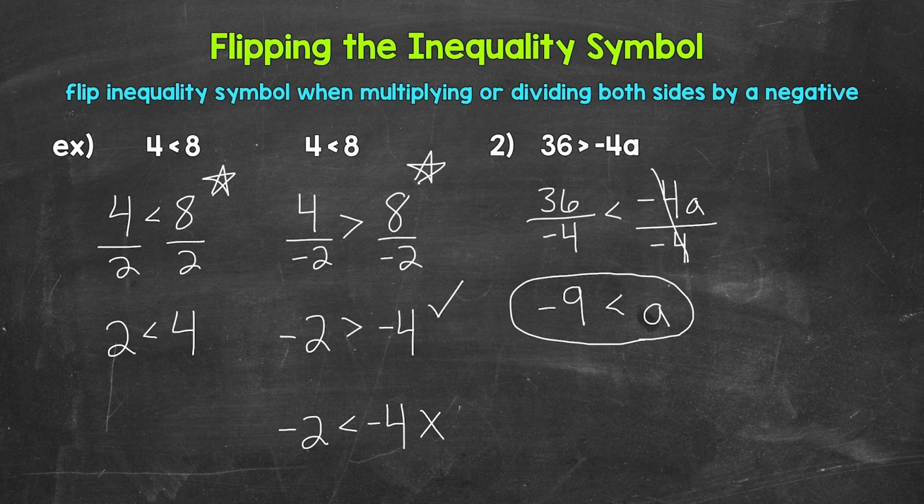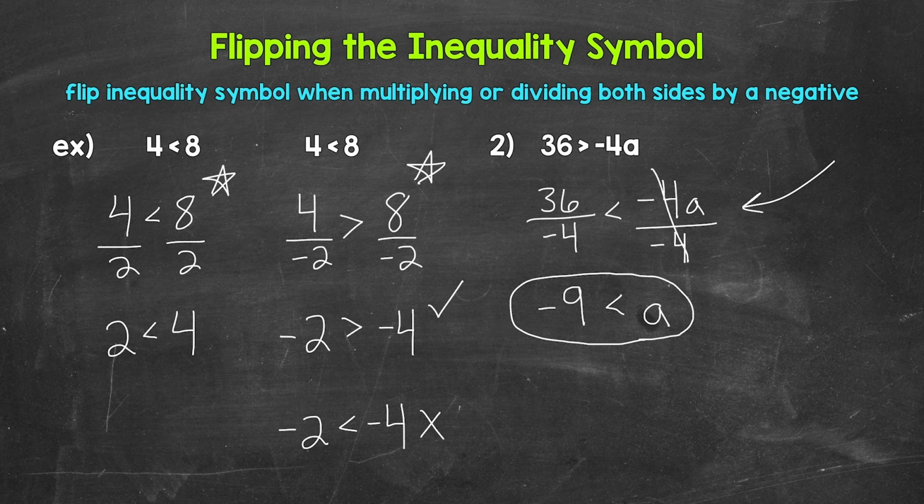Now, when we solved this before, we didn't rewrite everything. We divided both sides from the original problem, we flipped after dividing, and we ended up with the correct answer. That was fine. But here I wanted to rewrite this to show that technically the symbol flips the moment both sides are multiplied or divided by a negative.